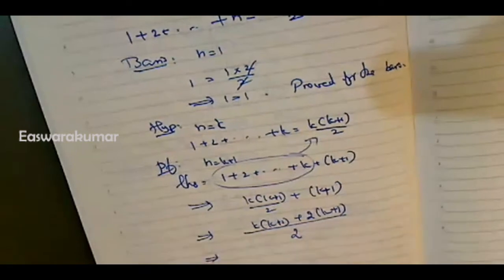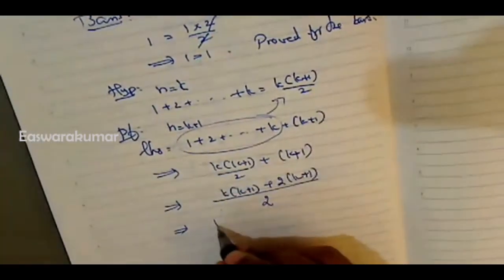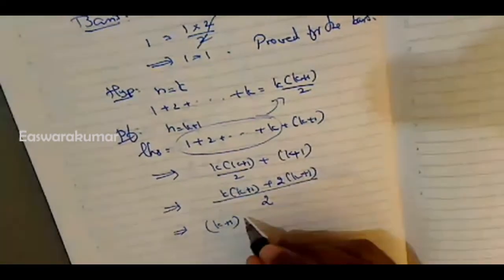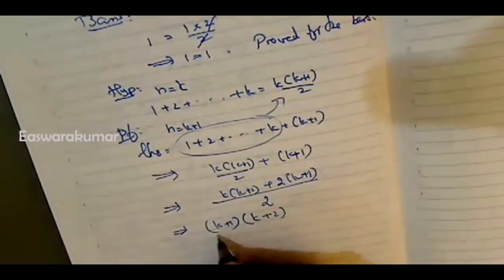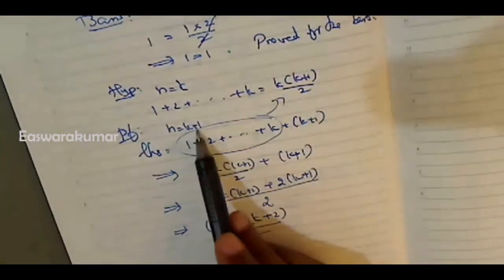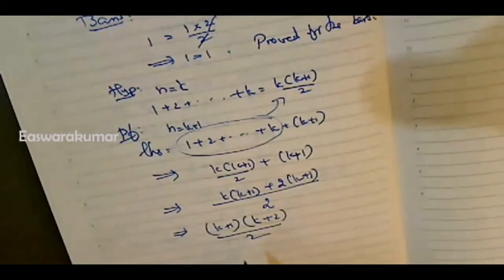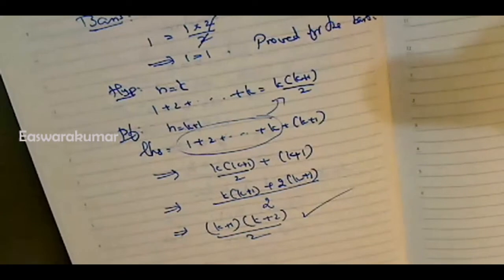In the numerator, k plus 1 is common, so that can be taken out. Taking k plus 1, here k and here 2, divided by 2. Now we have proved it, because now our value of n is k plus 1, so n into n plus 1 divided by 2. So we got it, hence we proved it.